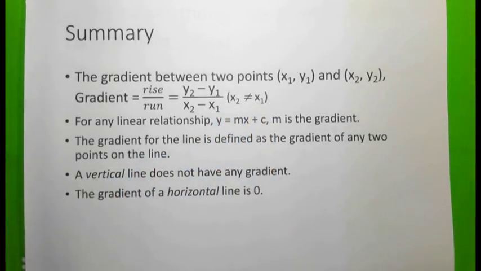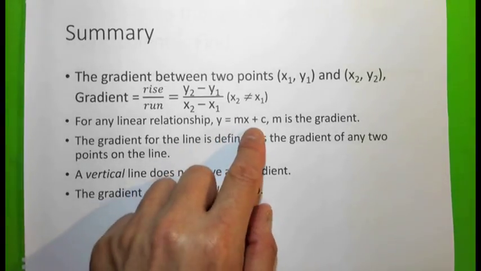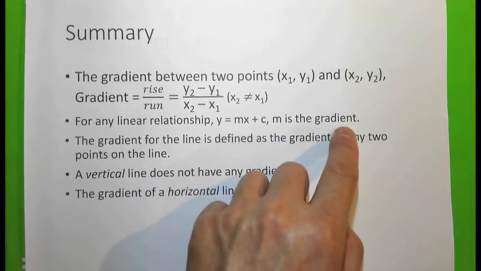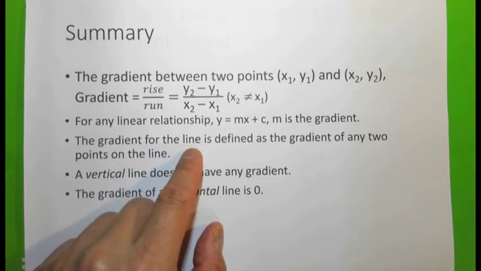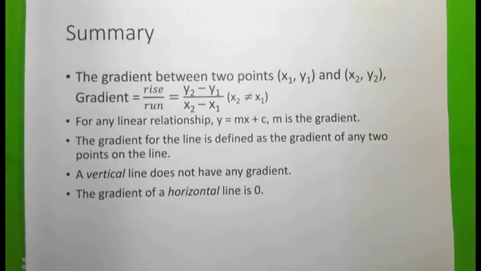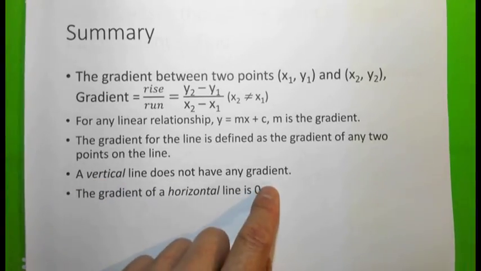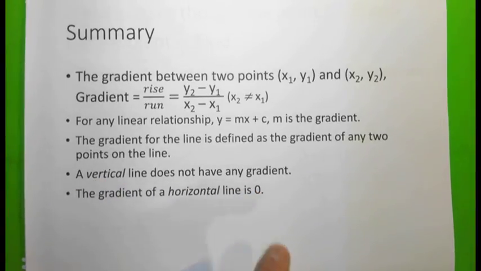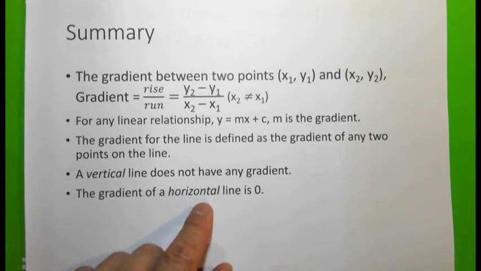For any linear relationship, y equals mx plus c, m is the gradient. And the gradient for this line is defined as the gradient of any 2 points on that line. A vertical line does not have any gradient, and the gradient of a horizontal line is 0.